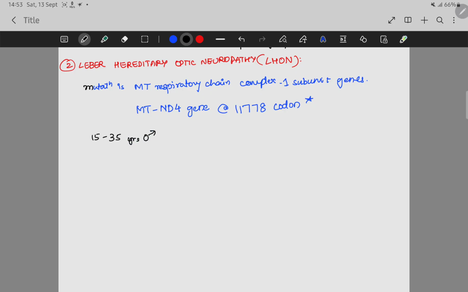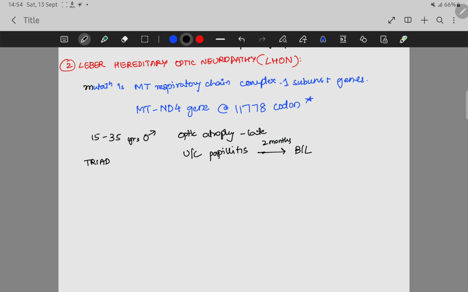Females are the carriers. They present with optic atrophy in late cases, and the presenting symptom is unilateral papillitis, which becomes bilateral within 2 months.